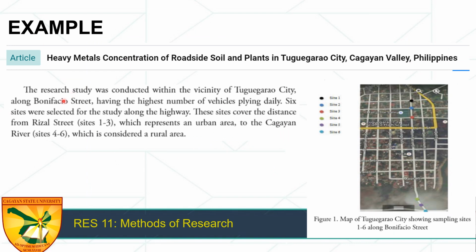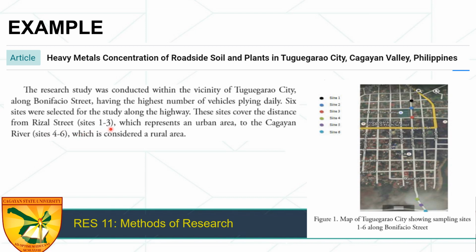We have here examples for the research article, Heavy Metals Concentration of Roadside Soils and Plants in Tuguegarao City, Cagayan Valley, Philippines. The research study was conducted within the vicinity of Tuguegarao City along Bonifacio Street, having the highest number of vehicles plying daily, and 6 sites were selected for the study along the highway, and these sites cover the distance from Rizal Street.